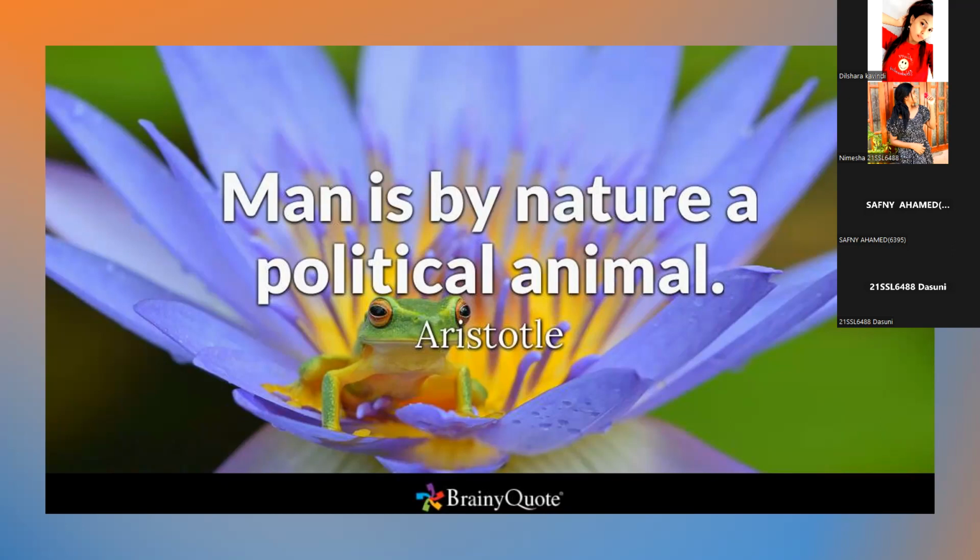What is the purpose of studying politics and all? According to their feelings, according to their words, they cannot see a politician and they do not like to know about politics. But look at these statements.